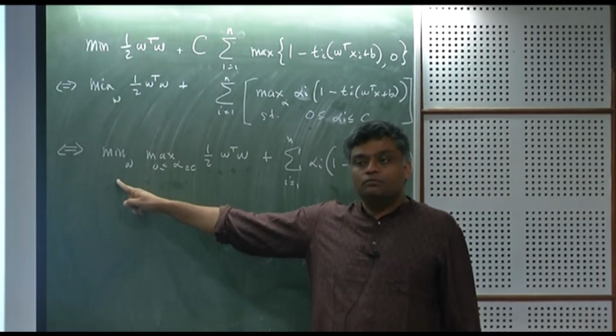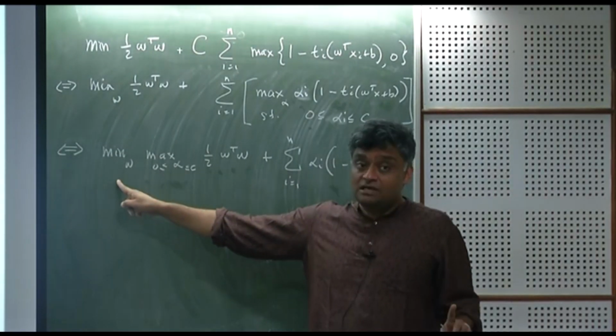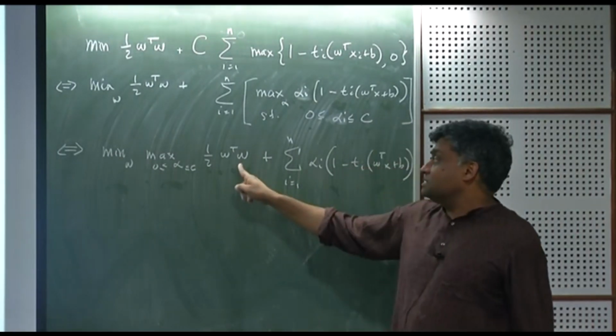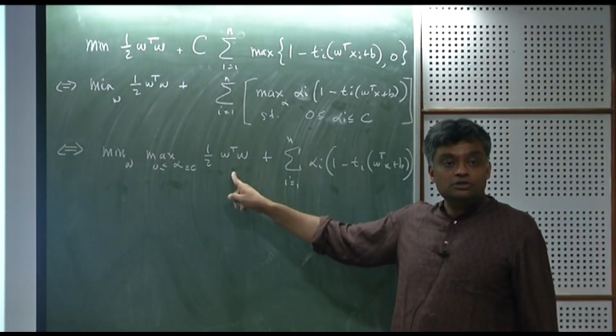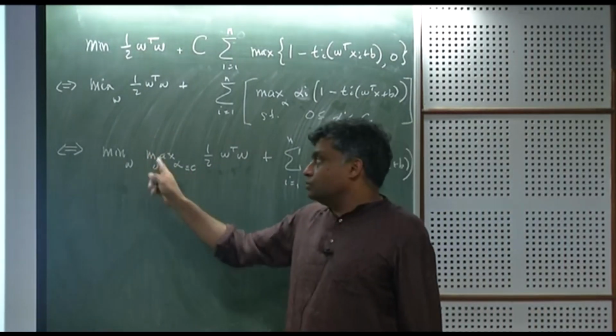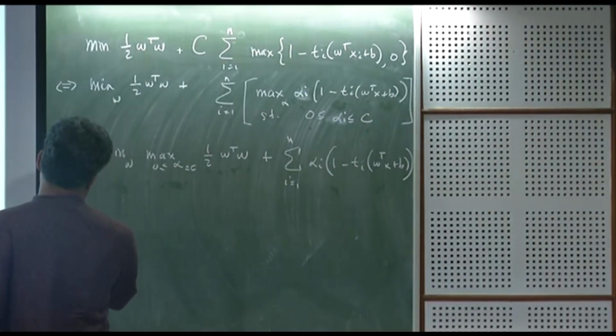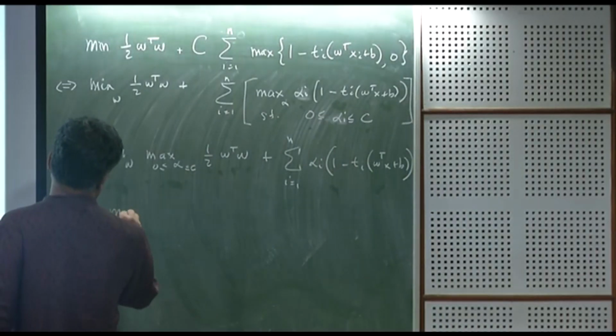What makes sure that W cannot go to infinity? I'm minimizing, remember? And I've got this term sitting here. That's a quadratic function of W. It will never allow W to go off to infinity. So the solution will be bounded, and so I'm allowed to switch the order. So I'm going to write this as the maximum over 0 less than or equal to alpha i less than or equal to C.